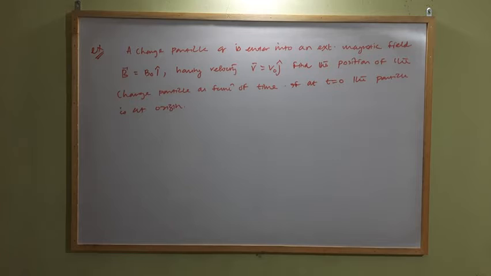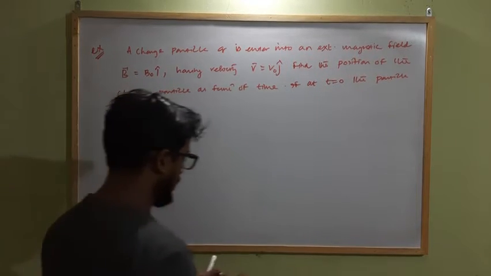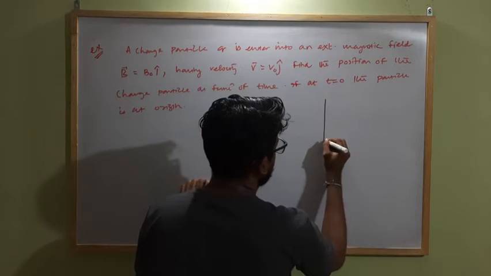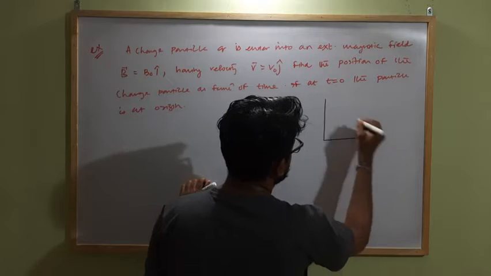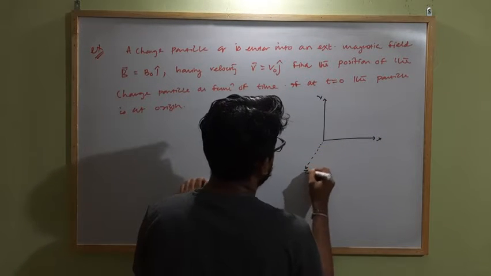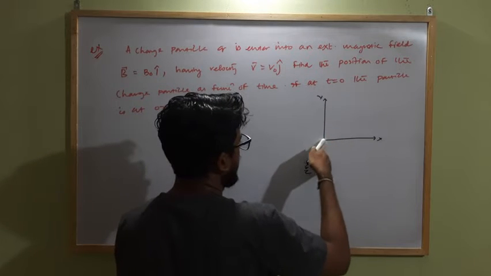So how can we solve it? Let us first draw the diagram. If this is a coordinate system, this is x-axis, this is y-axis, and the z-axis will be three-dimensionally like this, upward I am putting it here.